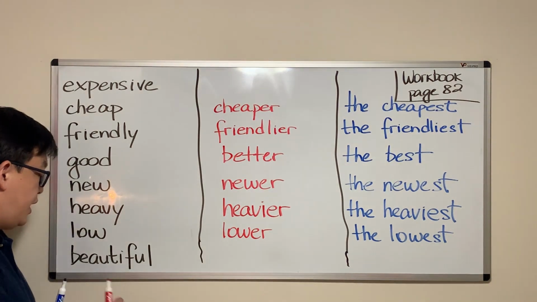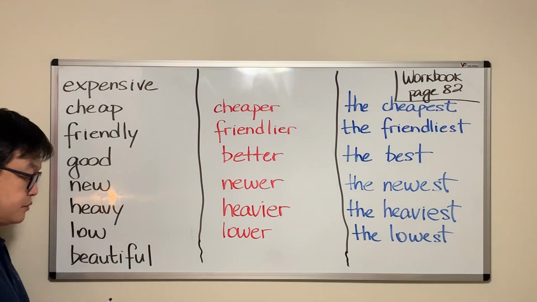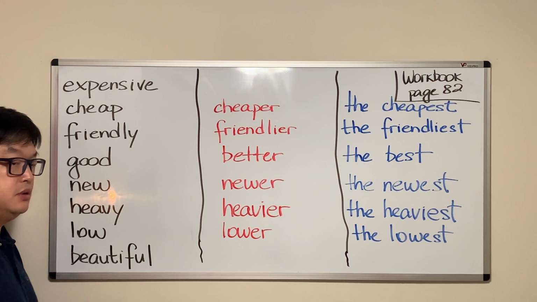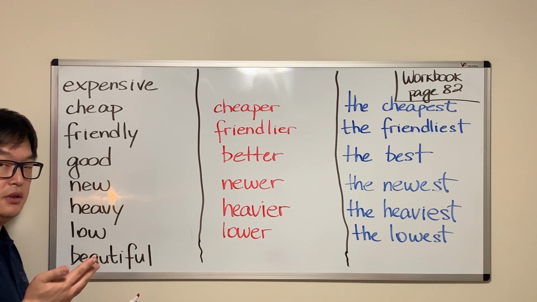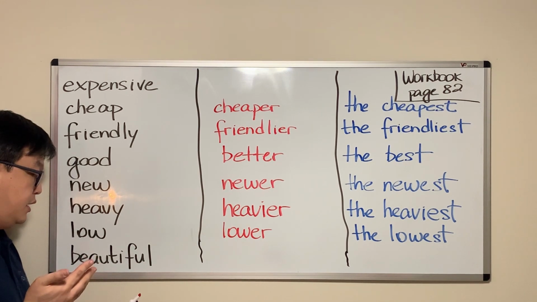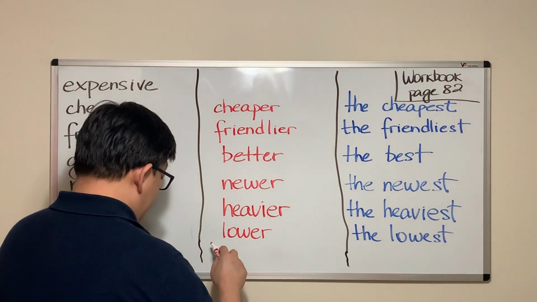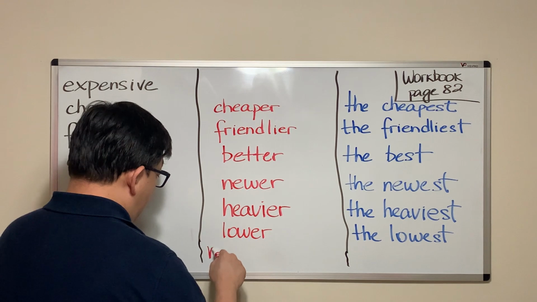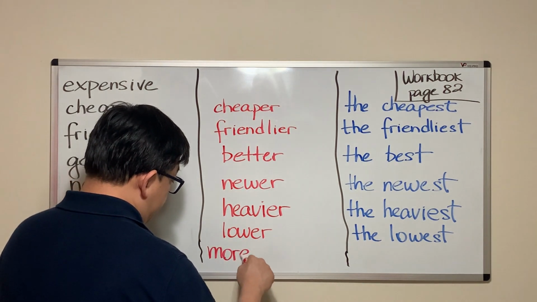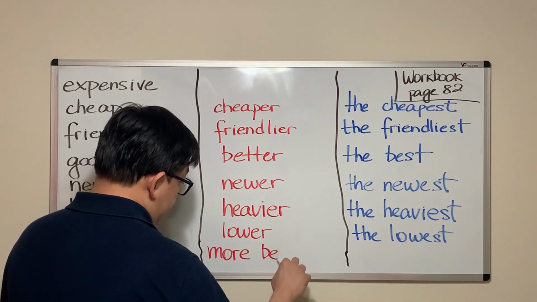Okay? And now look, beautiful. Beautiful, more than 2 syllables, right? And now what do we do? More beautiful. Yeah.